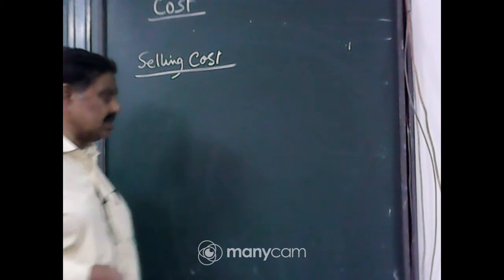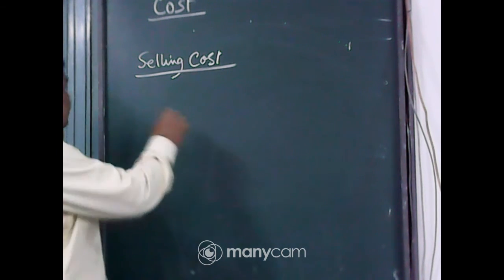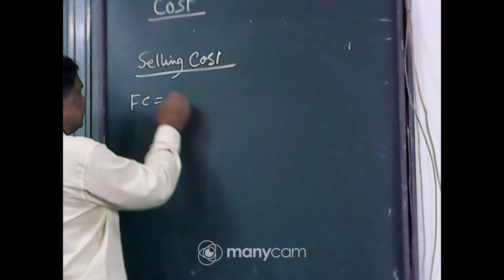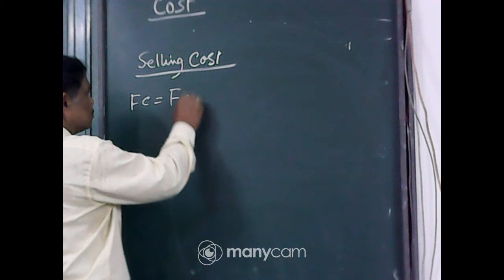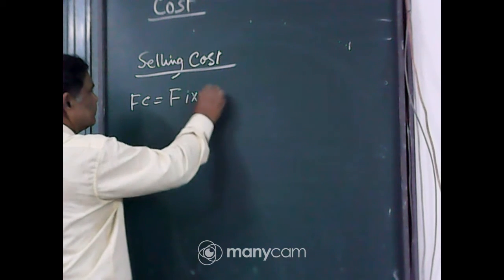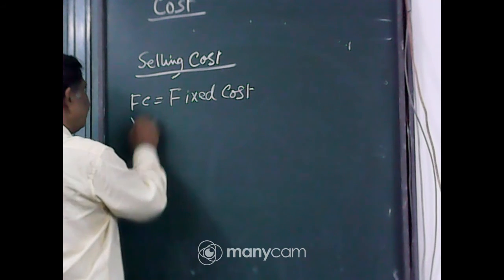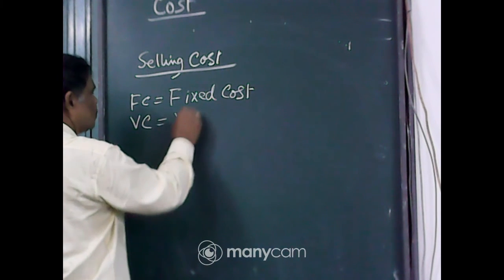So selling cost. Now there are other costs, fixed cost, FC, that is fixed cost. And VC, variable cost.